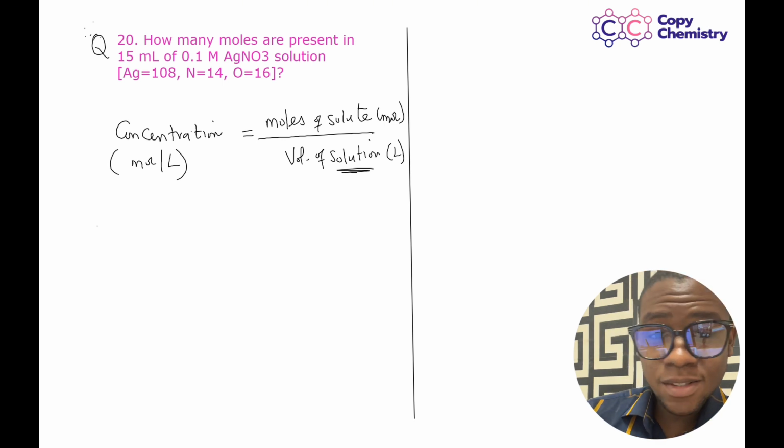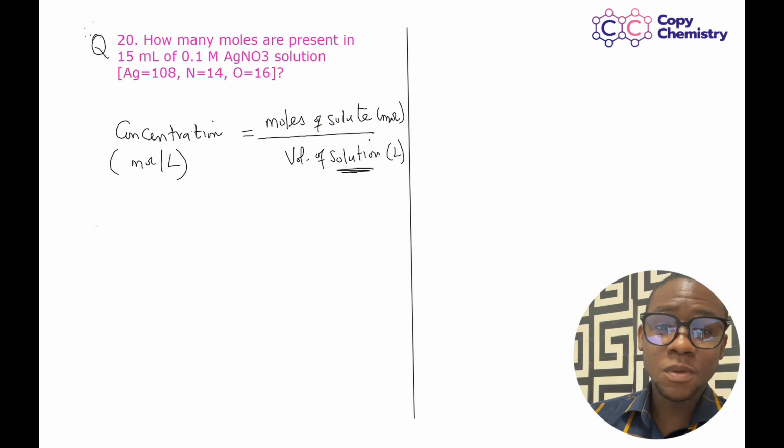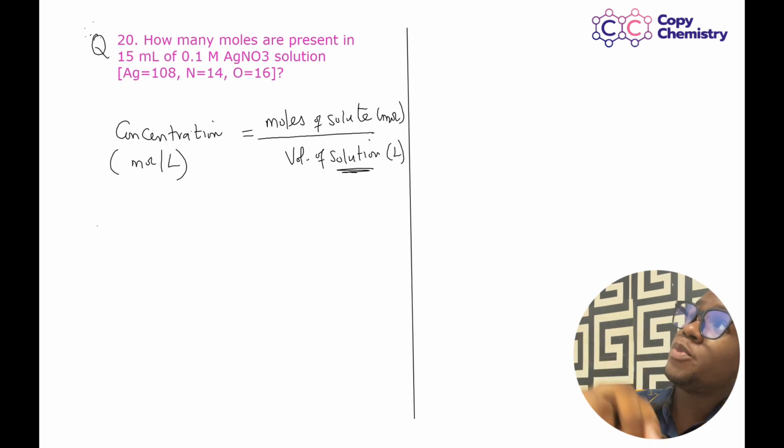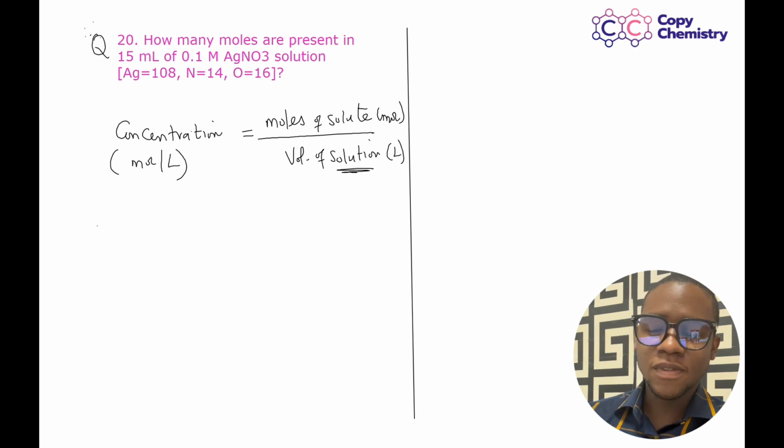I'm emphasizing the solution here because there's also another formula that has to do with kilogram of solvent, and we'll come to that later. But please take note of this. If you want to write it down somewhere, probably put it on the wall. Concentration equals number of moles divided by volume. That would come in handy.